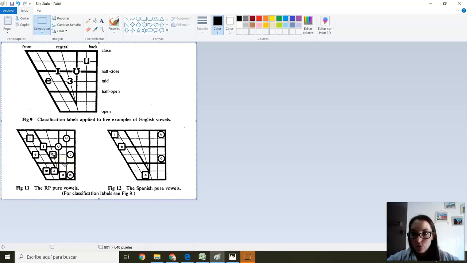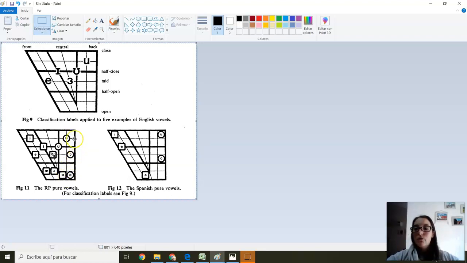I don't remember what I told you, but it's there. Then we have the schwa. Okay, those are the truly central vowel sounds. And then we have u. It's there in the limit, but it's a back vowel sound. U, o, and a. Okay, back vowel sounds.